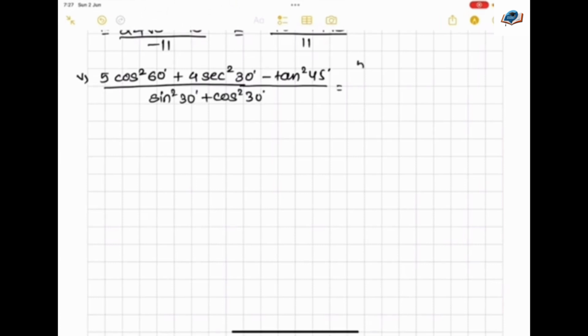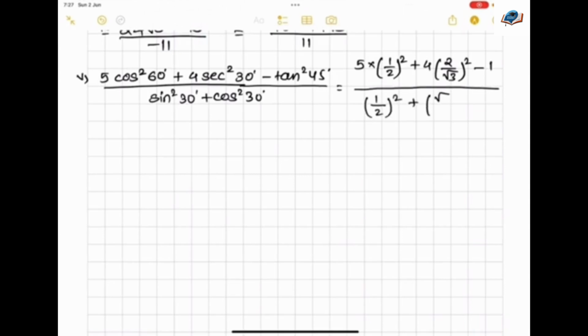So that will be pi into 1 by 2 whole square plus 4 into 2 by root 3 whole square minus 1 whole upon 1 upon 2 whole square plus root 3 by 2 whole square.